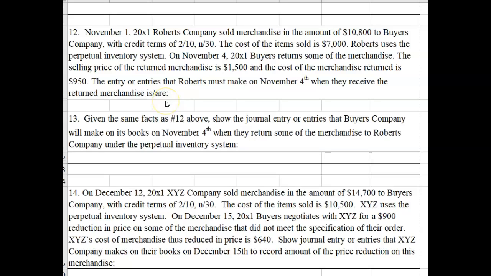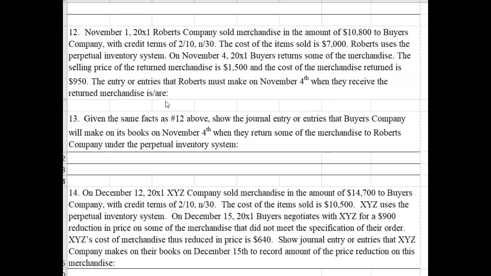Number 12. On November 1st, 20X1, Roberts Company sold merchandise in the amount of $10,800 to Buyers Company with credit terms of 2/10 net 30. The cost of the items sold is $7,000. Roberts uses the perpetual inventory system. On November 4th, Buyers returns some of the merchandise to Roberts.